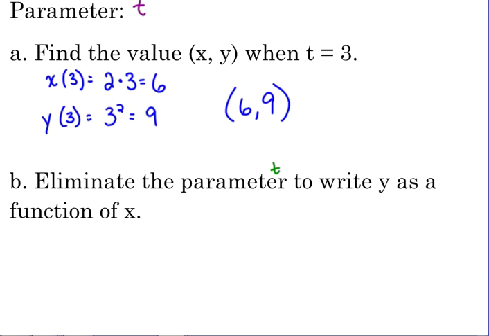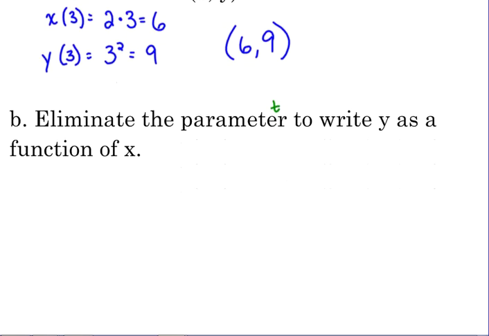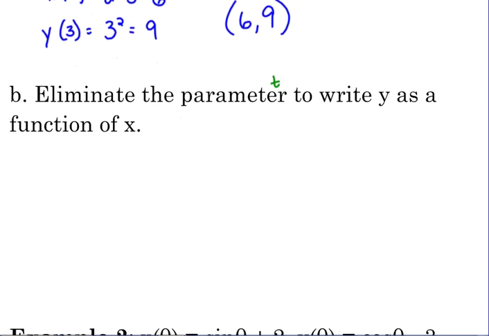You need to look at your two equations and decide which one is easier to solve for t. So I'm just going to rewrite them: x is equal to 2t, y is equal to t squared. I'm just leaving off the function notation with the x of t.